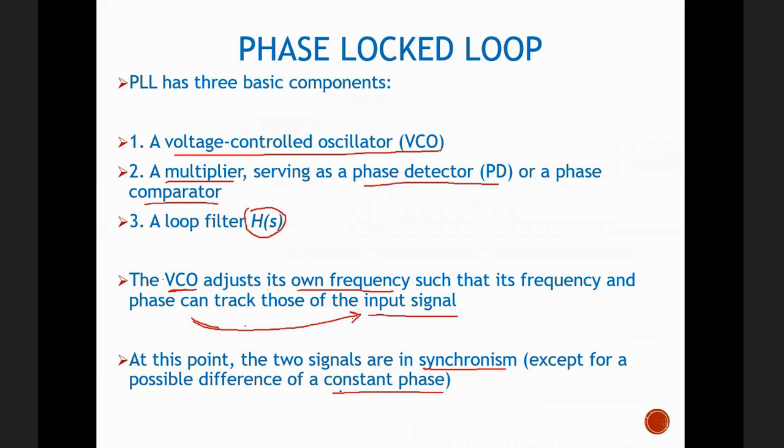Maybe there's a small constant phase difference. This phase difference between the VCO and input signal can exist, but as long as it is constant, the demodulation will not result in a distorted signal, right? So the issue is if the phase difference is not constant, if it's time variable.